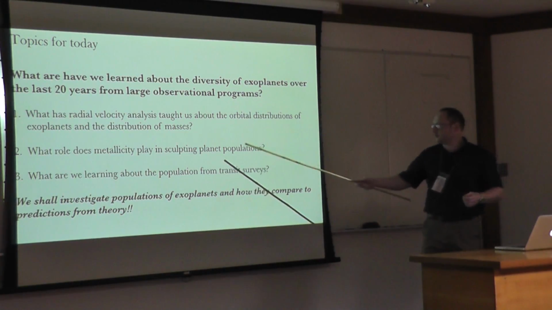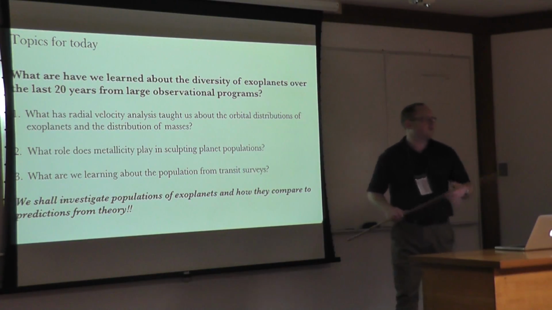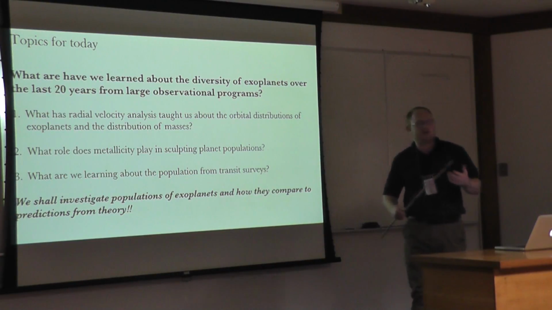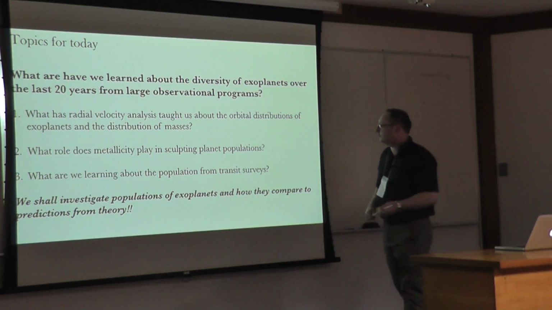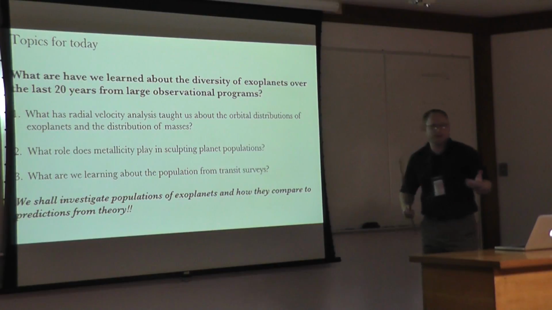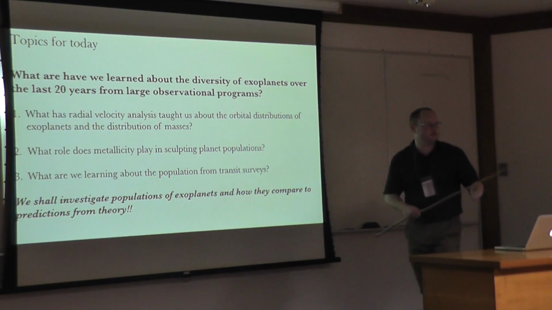I'm going to say that this has been one of the key observables that we've found over the past 20 years. Essentially, it was one of the observables that really pinned down core accretion as being the formation mechanism compared to fragmentation of the disk. And you're going to hear a lot more about that in detail from Fred this afternoon.